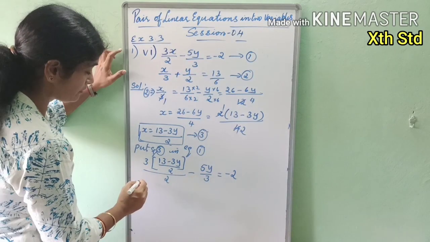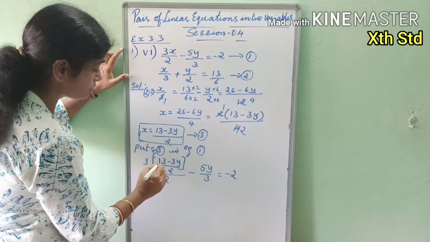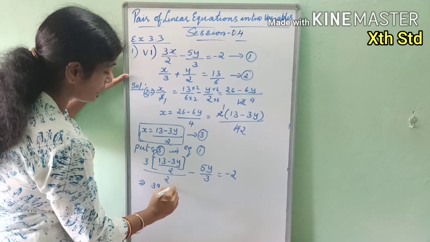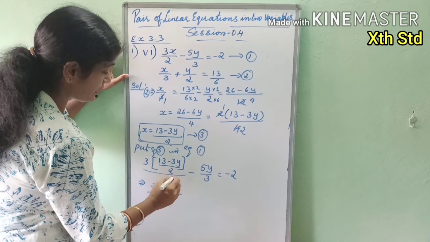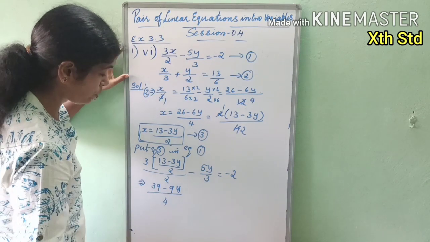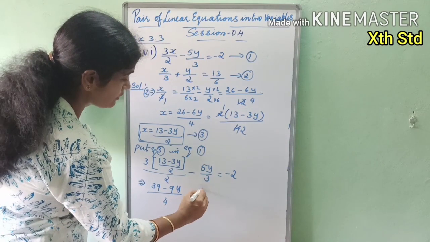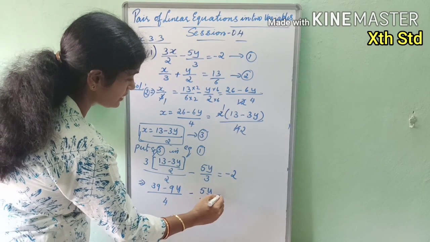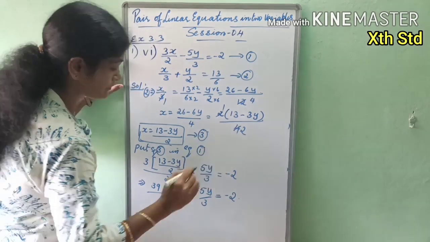Now you simplify this. So 3 into 13 is 39 minus 9y divided by, this 2 comes down, so it is 4, minus 5y by 3 is equal to minus 2.